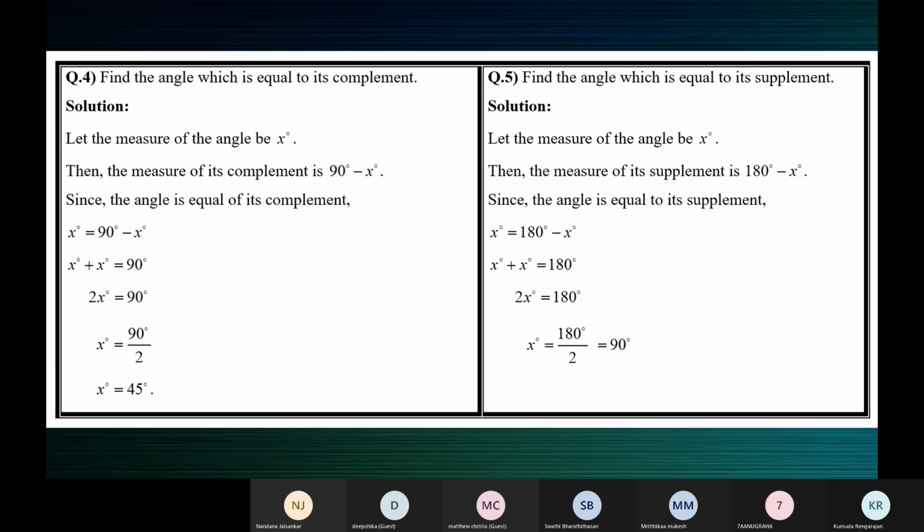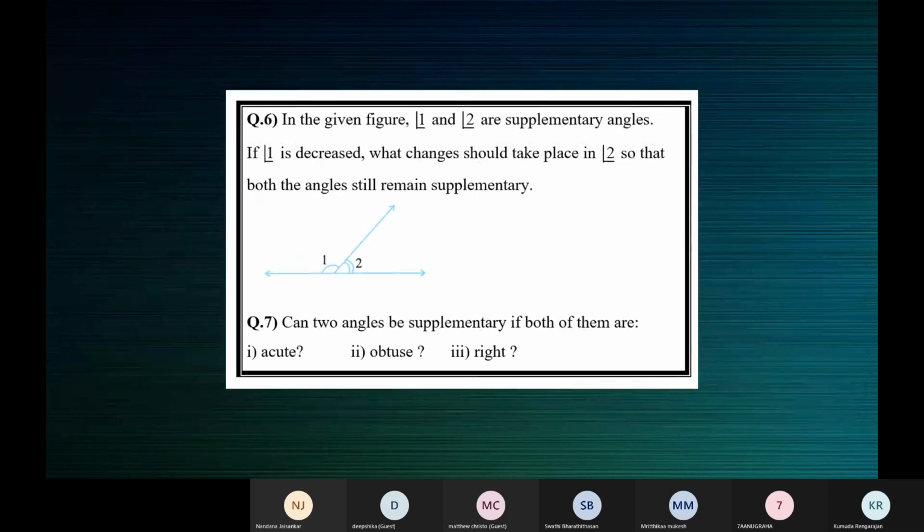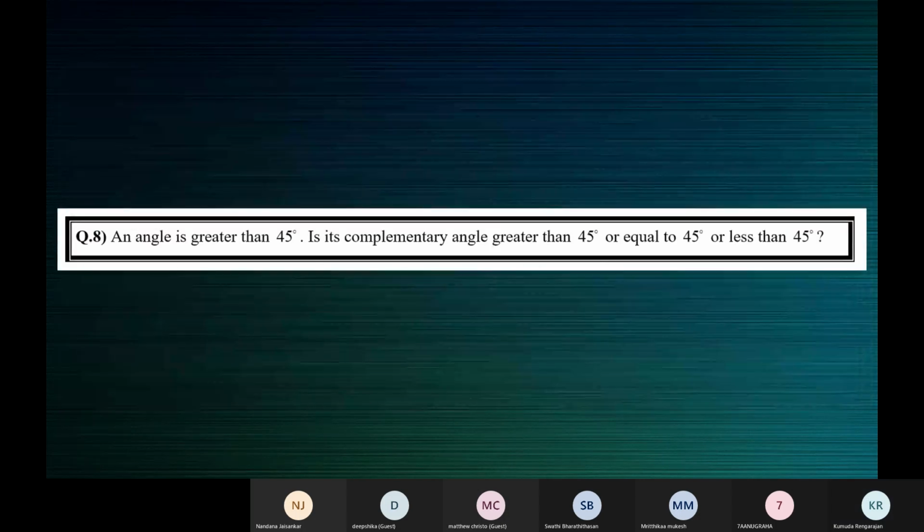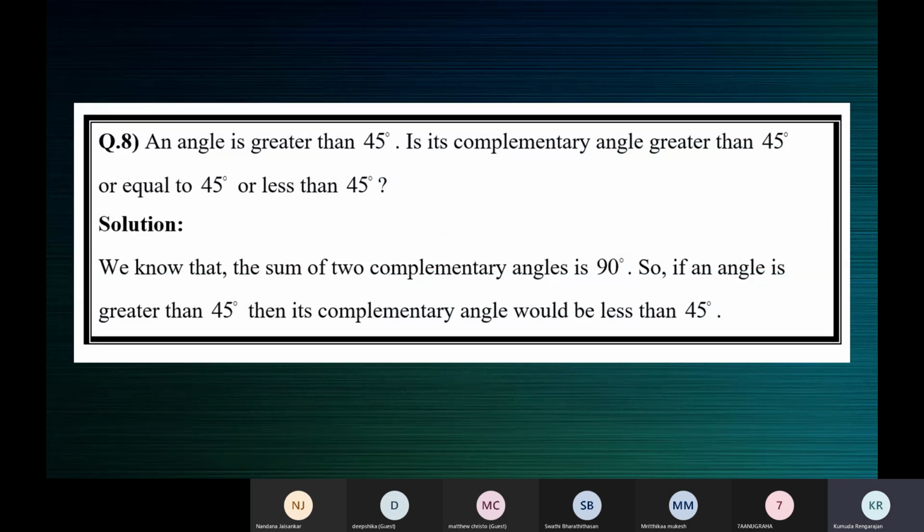Do this as homework. Take a screenshot. Yes, this one also, complete this.